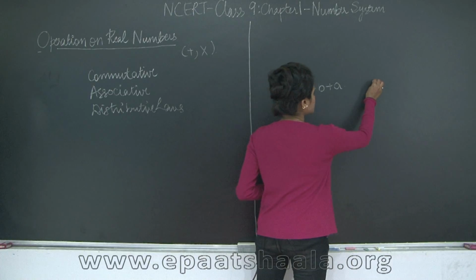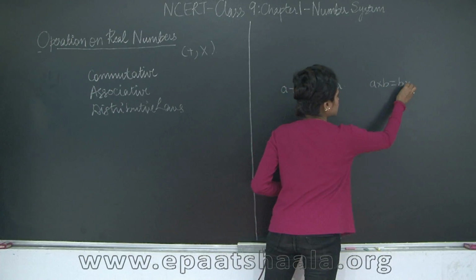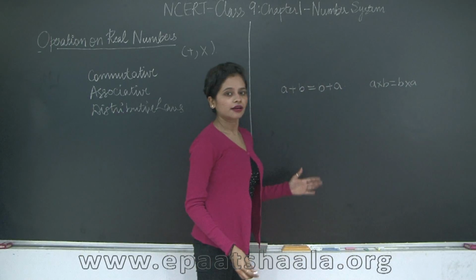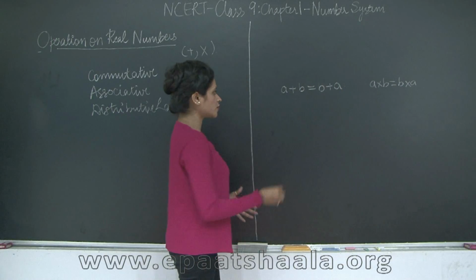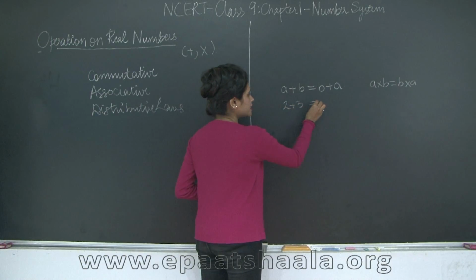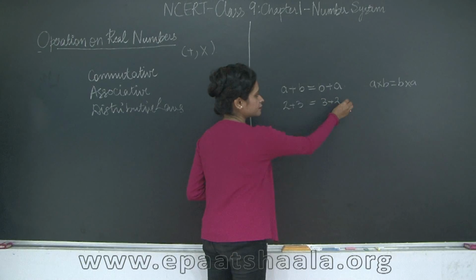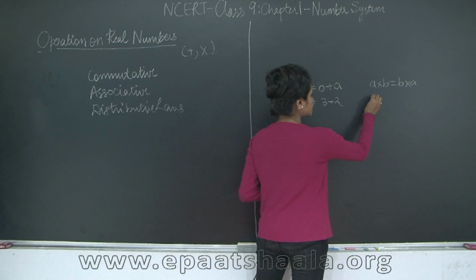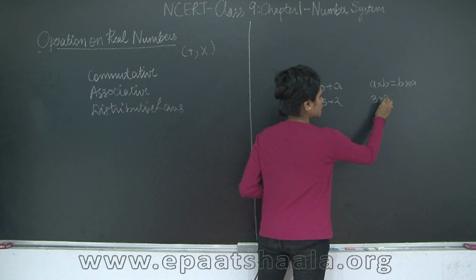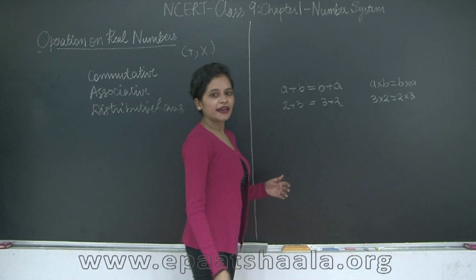How about multiplication? I have a into b, this can be written as b into a, where both a and b are rational numbers. Let us take examples of actual numbers. Suppose I write 2 plus 3, it can also be written as 3 plus 2. Similarly, for multiplication, if I have 3 into 2, this can be written as 2 into 3. So, this is my commutative law.